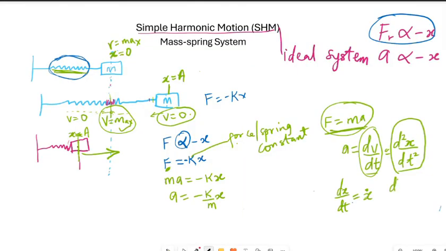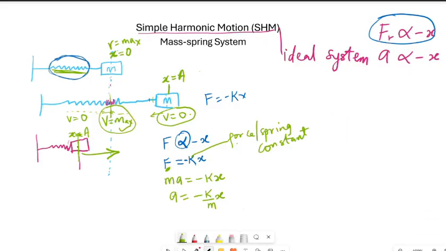If it is the second derivative, d squared x over dt squared, I can represent it as x double dot. So instead of writing acceleration equals d squared x over dt squared, I am going to write it as x double dot. So writing that, I will have x double dot equals negative k over m x.